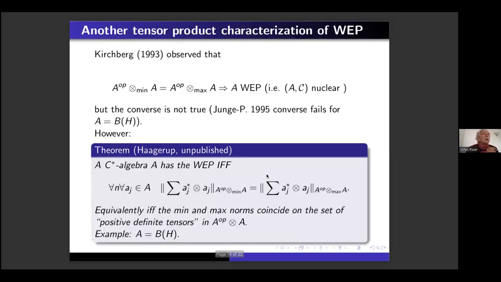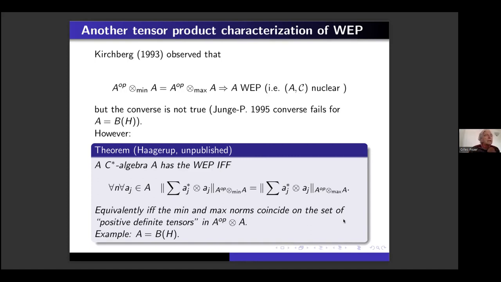There is a nice thing that I think should be mentioned about the pair A op, A, which is the following theorem. This is a result of Haagerup, which is actually a rather delicate result, which is unpublished, but you can see it in my book on tensor products, at the end of the book.